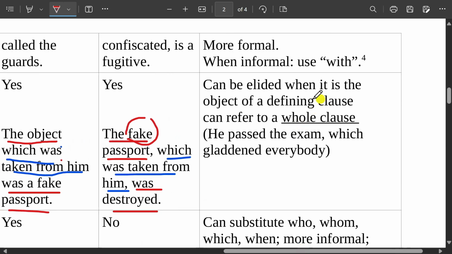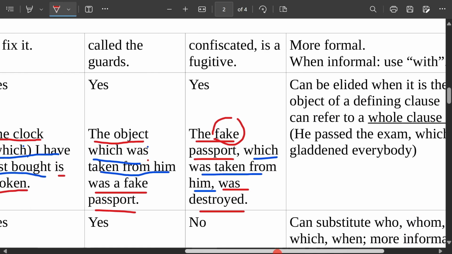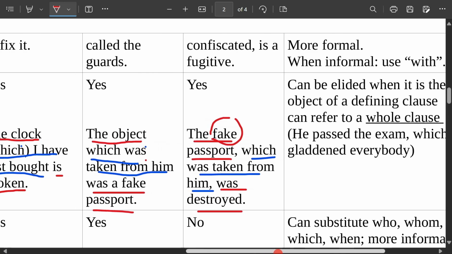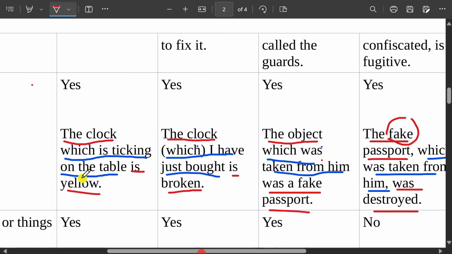Which can be elided when it is the object of a defining clause. Okay, look at this. The object of a defining clause. This one, we haven't decided whether it's defining or non-defining. What do you think?